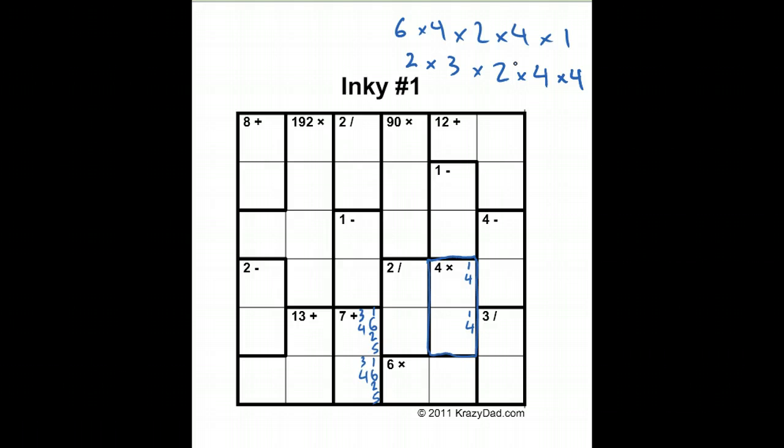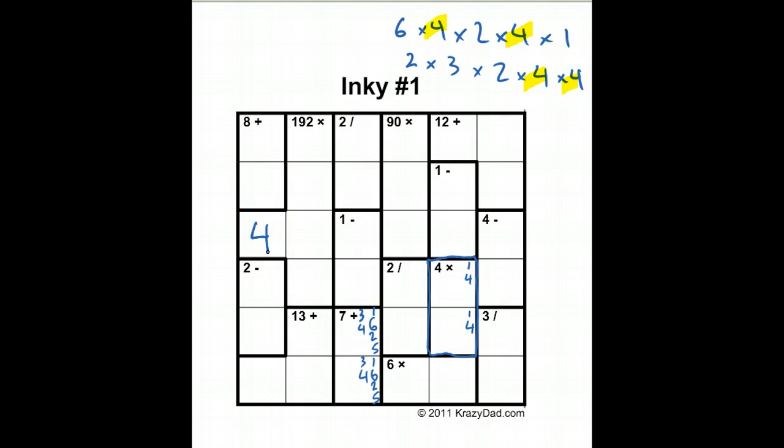Here's one little thing that I can get a number right away, and that is that both of these combinations contain two 4s. What that means is that the two 4s have to go in these 5 boxes. If two 4s have to go in this cage here, that means that one of the 4s would have to go here.